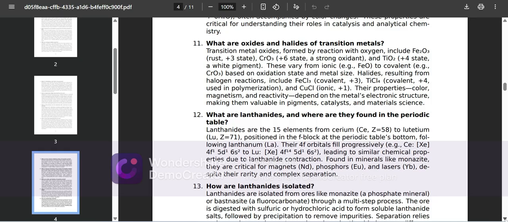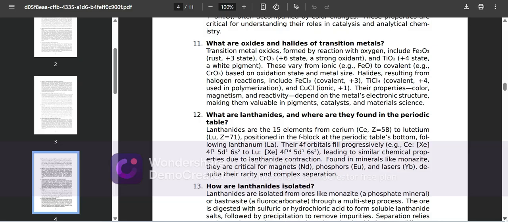Oxides formed by reaction with oxygen include Fe2O3, rust, +3 state; CrO3, +6 state, a strong oxidant; and TiO2, +4 state, a white pigment. These vary from ionic FeO to covalent CrO3 based on oxidation state and metal size.